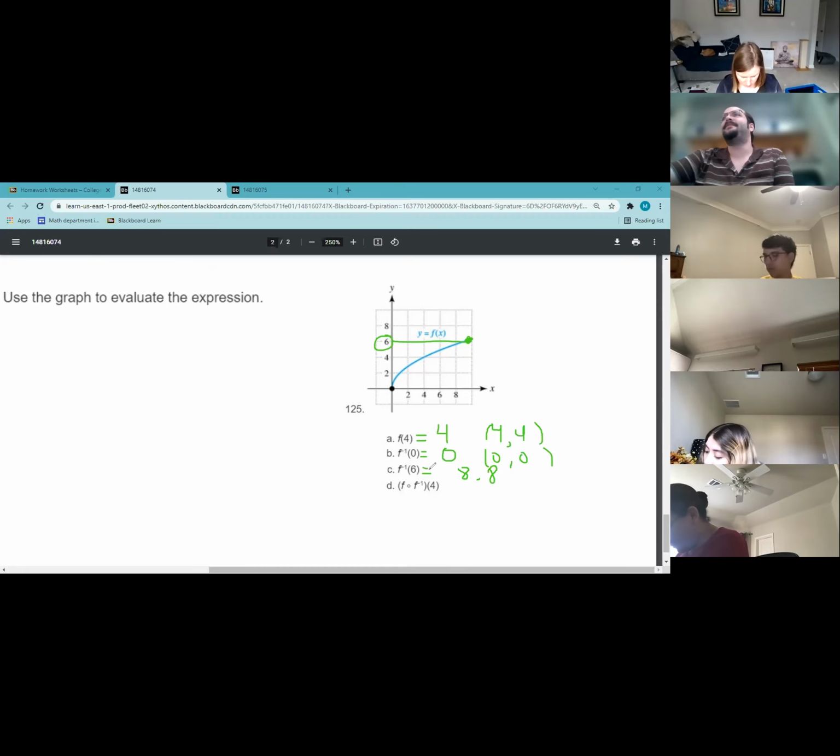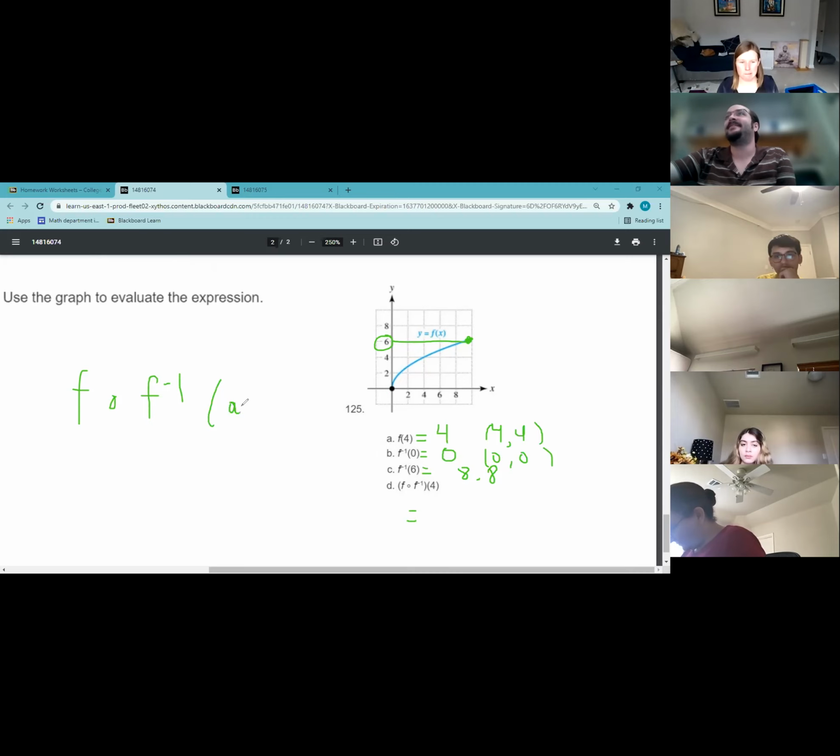Oh man, F of F inverse of 4. This one, not really sure. If they give me this on a test, I'm going to celebrate. F of F inverse of anything.